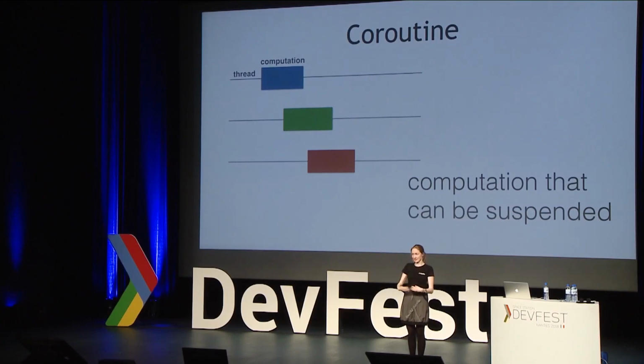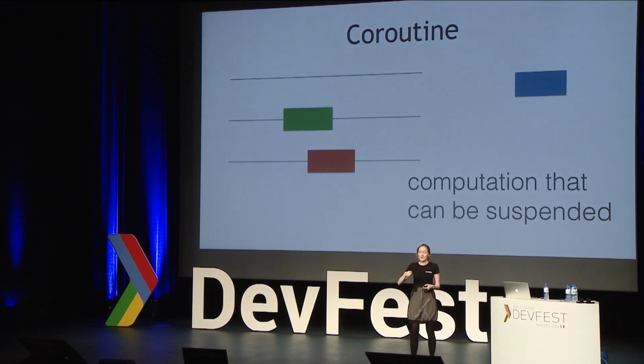So the next level of understanding of what a coroutine is: a computation that can be suspended. It can be run on top of threads, in different threads, and we can suspend coroutines. So somehow we may take this coroutine from the thread, put it somewhere in memory, and later return it back.